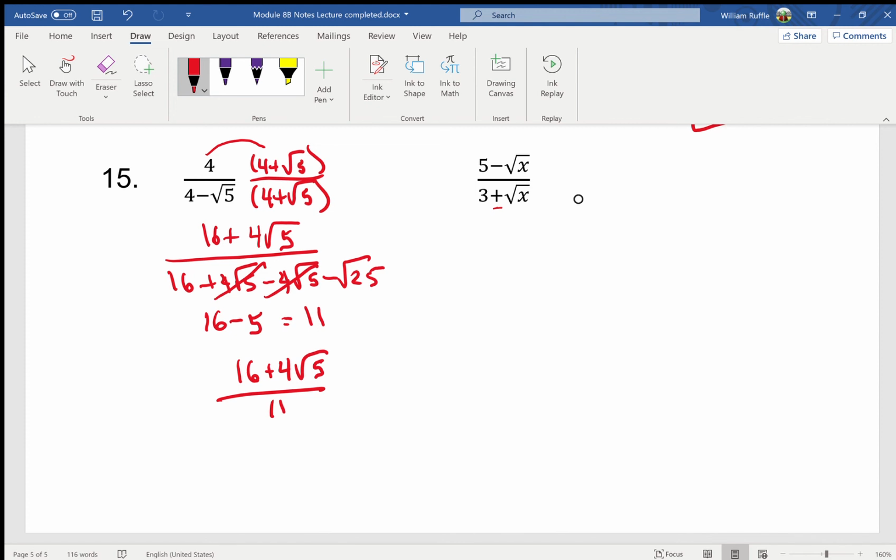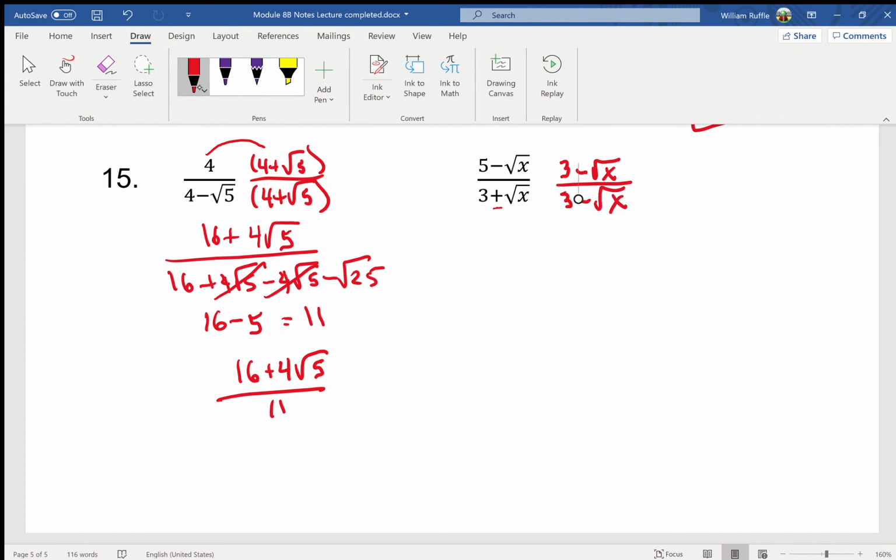And our last question of this section, since this is plus, I'm really going to multiply by 3 minus, not plus, I just said opposite. 3 minus the square root of x over the 3 minus the square root of x.